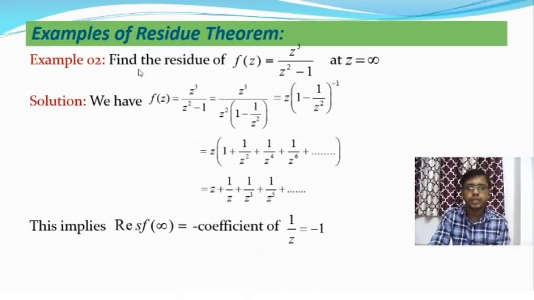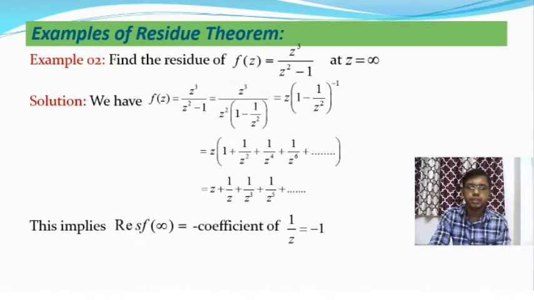After that we'll take one more example on residue theorem. So here is the example: f of z is equal to z to the power 3 by z square minus 1 at z is equal to infinity. So from this problem we are going to find the residue at z is equal to infinity. That means we are looking for the coefficient of minus 1 by z.